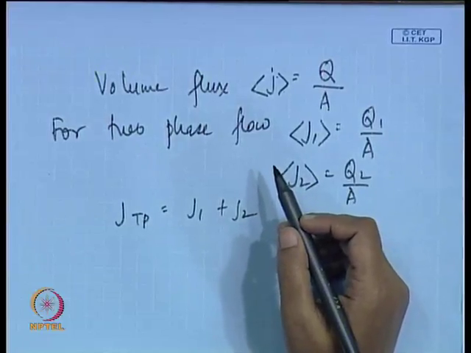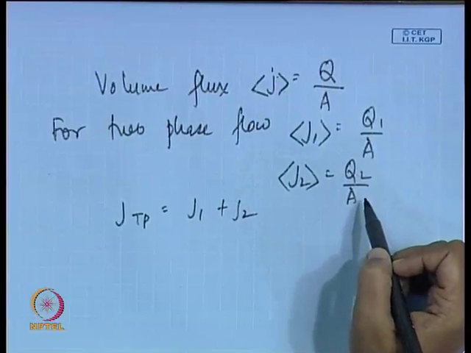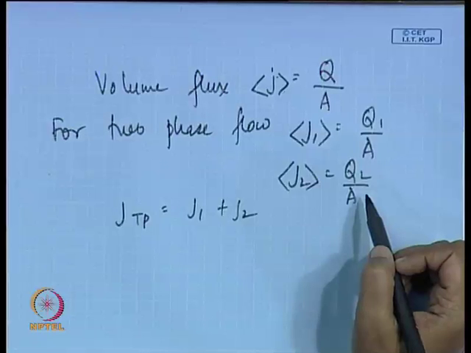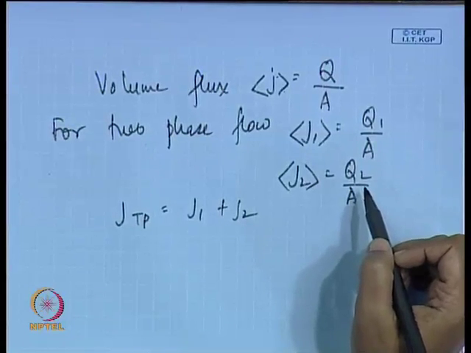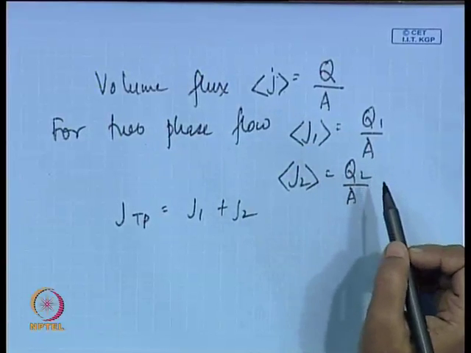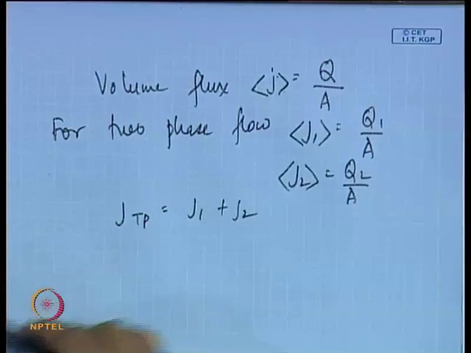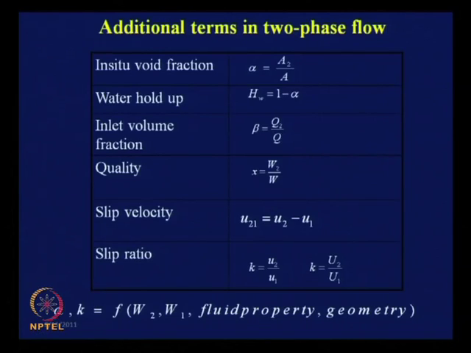Achha, and one more thing, I had expected this question from you. If you see the definitions, you are going to find that they are similar to the definitions of superficial velocity, isn't it? So, you can always ask me what was the need of defining volumetric flux and superficial velocity. Now, remember one thing, when we are considering one dimensional steady state flow situations, both of them are the same.